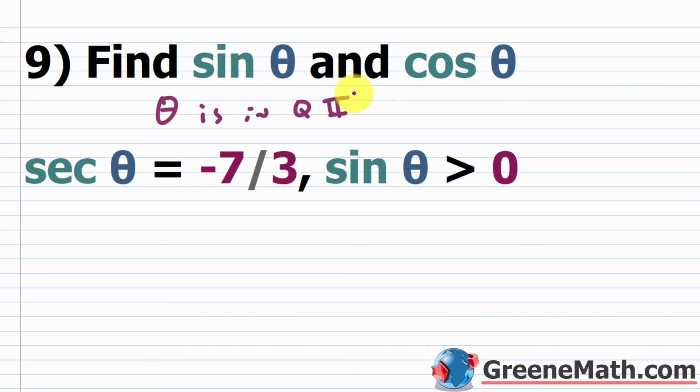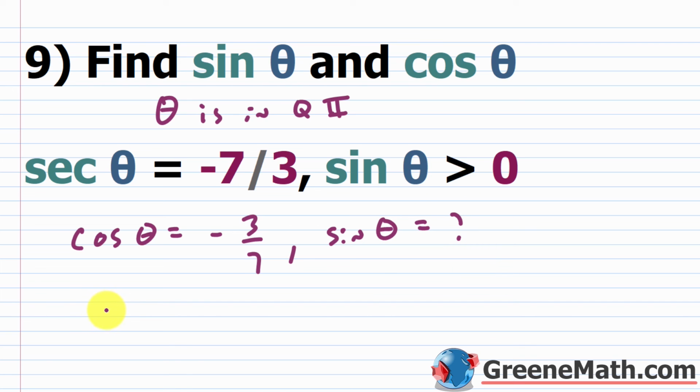Okay, so to figure out our sine of theta and our cosine of theta, I will start off by thinking about the fact that the cosine of theta is the reciprocal of the secant of theta. So I can just flip this and say it's negative 3/7. So that part's done. We need to figure out the sine of theta. So that equals what? And again, I'm just going to use the sine squared theta plus cosine squared theta equals 1.